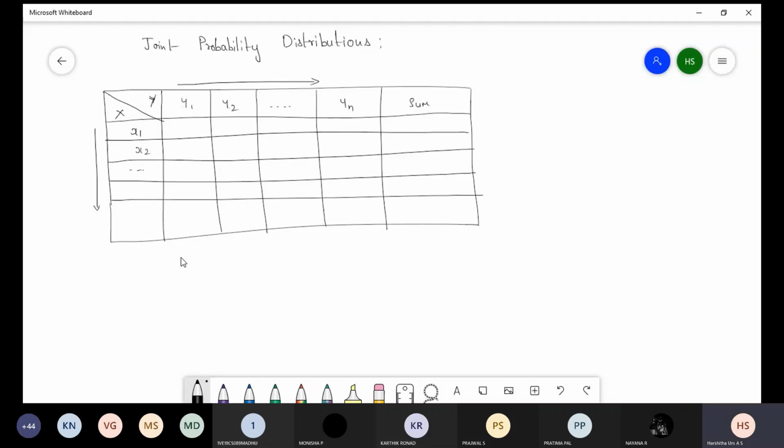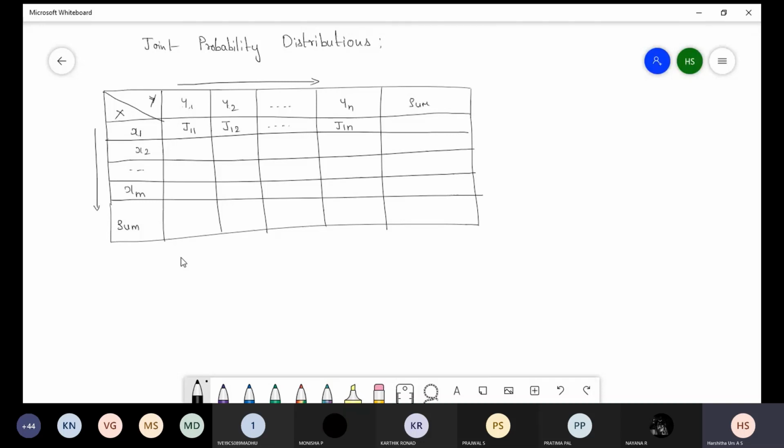Here yn already we have taken, so here I write x subscript m. Here we have to mention sum. Next, x1, y1, we mention it as j11. x1, y2, we mention it as j12, so on. x1, yn, we write here j1n.